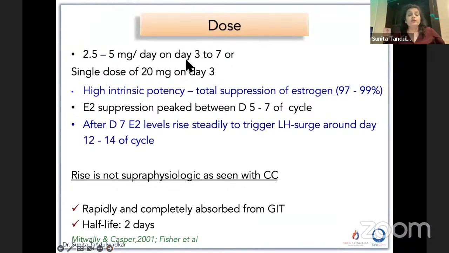Now, again, you can start from day 3, for 5 days, 2.5 to 5 milligrams. Now, there are people who are doing a single dose of 20 milligrams on day 3. I have not tried that, but what I do is 5 days, I start from day 3 to day 7.